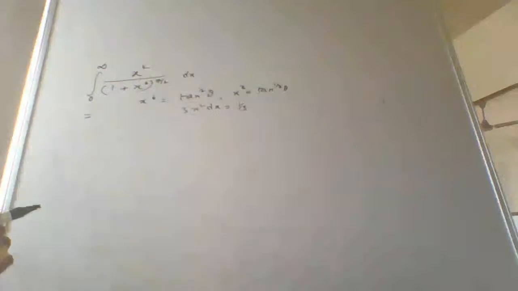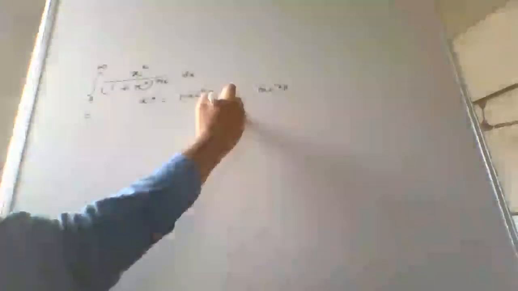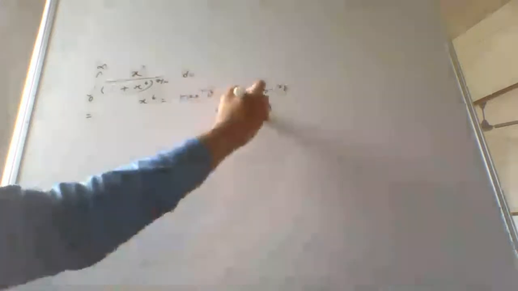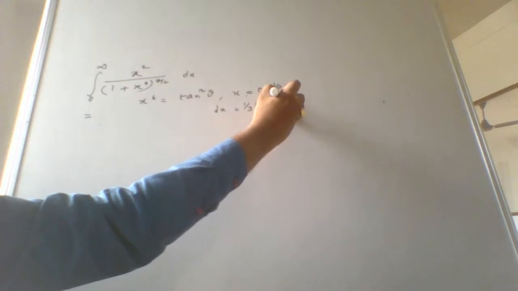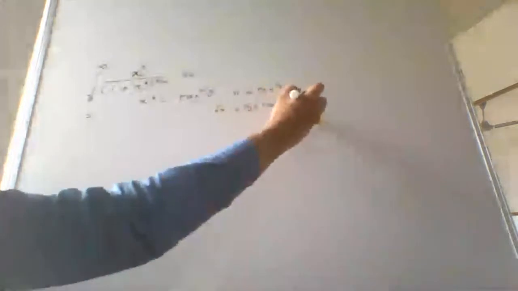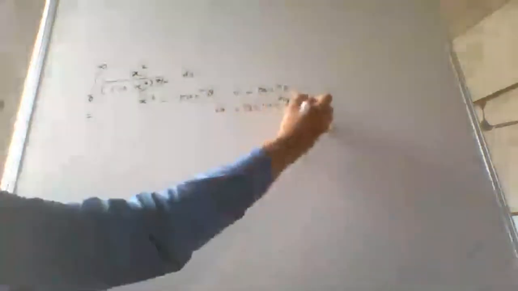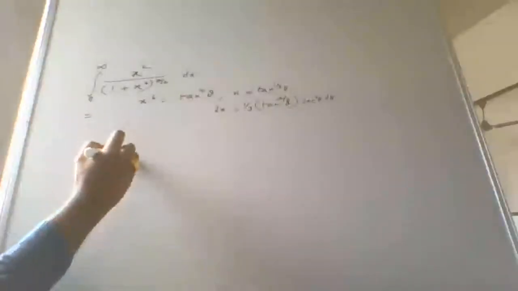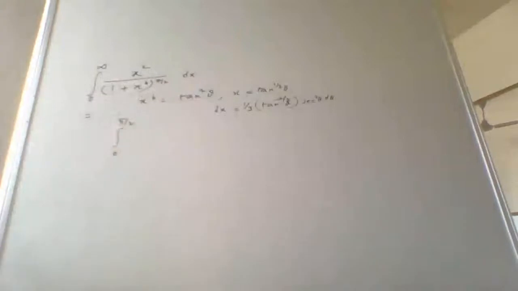If I take only the x term here, let me only take dx here. So that would be 1 by 3 times secant square theta d theta. The limits will be changed to 0 to pi by 2 because it's tan.